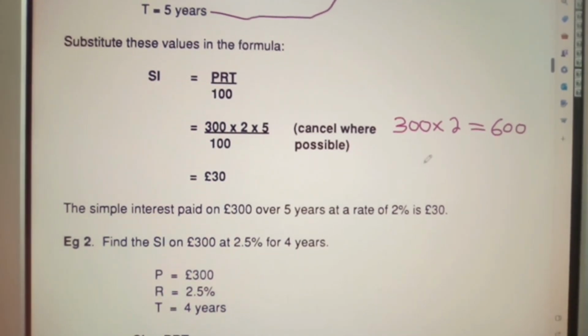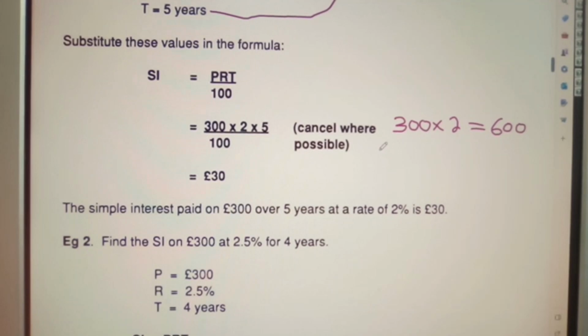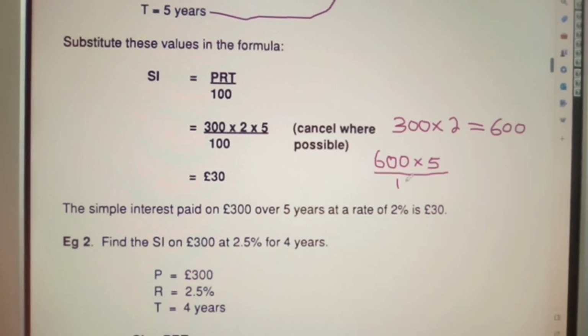Equals 600. Now taking this, we then have 600 times 5 over 100 equals.